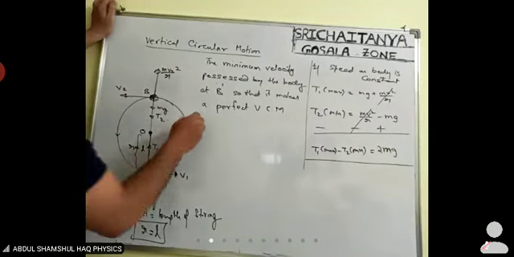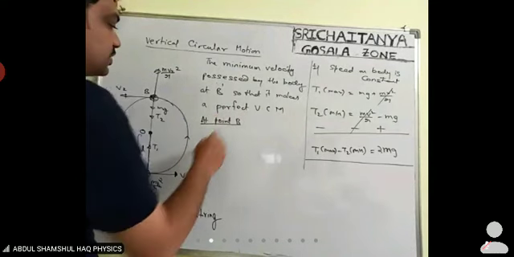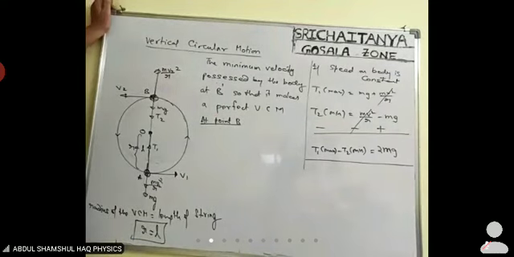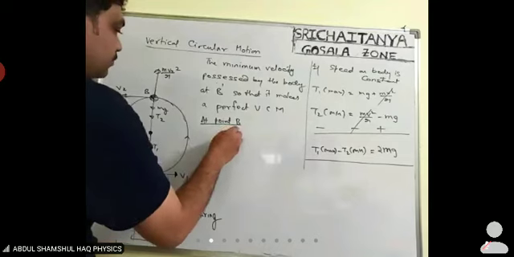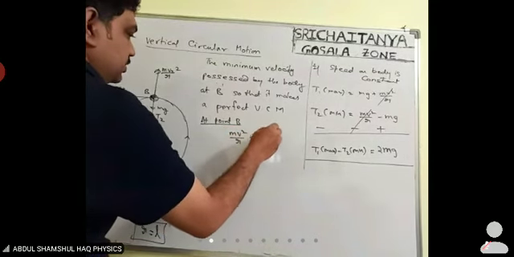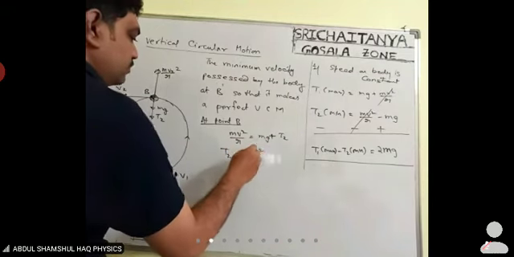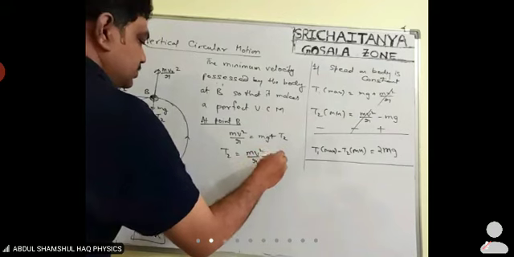For that case, at point B, if you see here, m v2 squared by r is equal to mg plus T2. Tension T2 will be equal to m v squared by r minus mg.